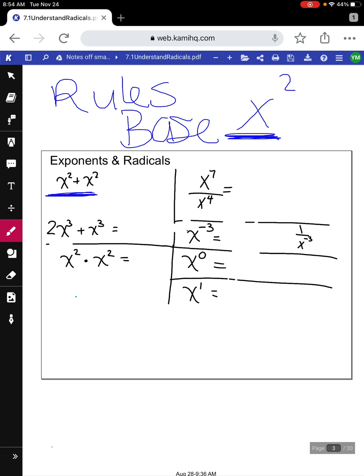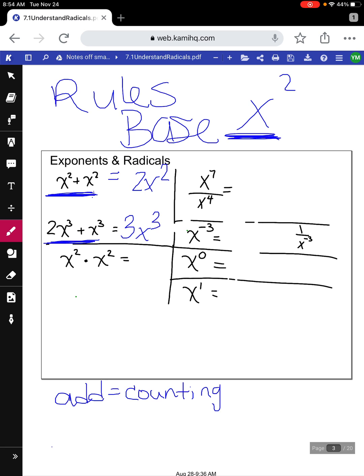for addition, remember all the time that adding is simply counting. We get a little lost in that sometimes, okay? So I have x squared plus x squared. I have 2x squared. Again, we're simply counting. So if I had 2x cubed plus 1x cubed, I'm going to have 3x cubed.